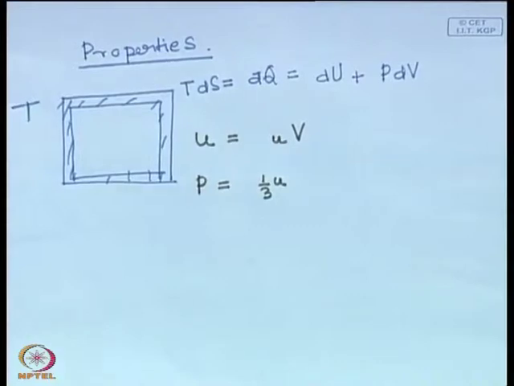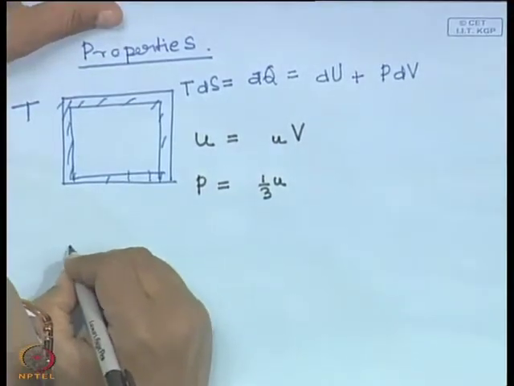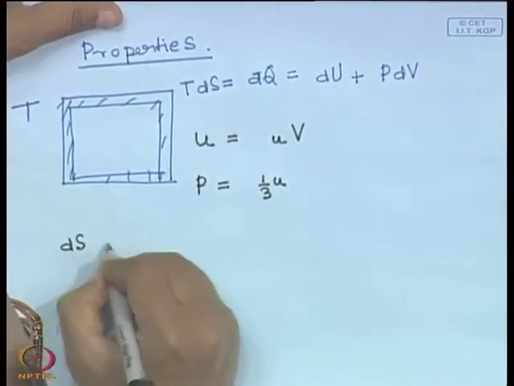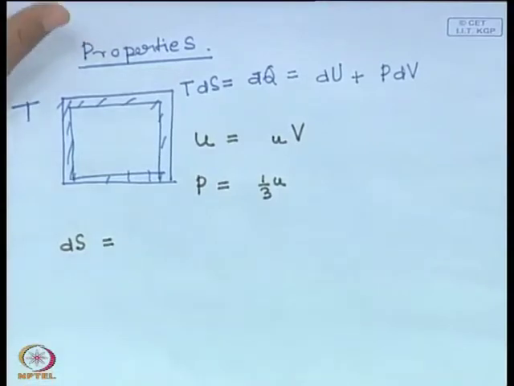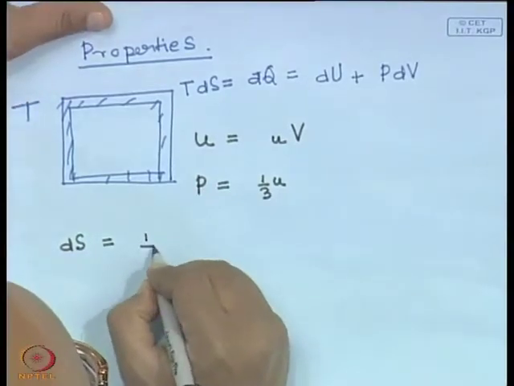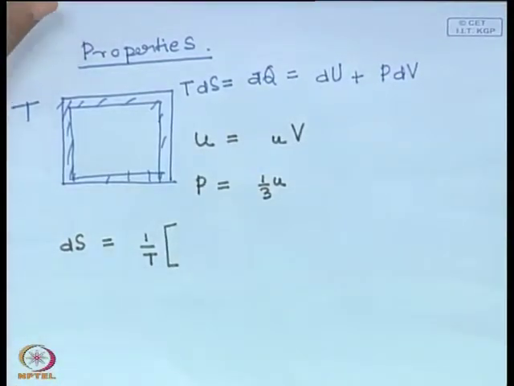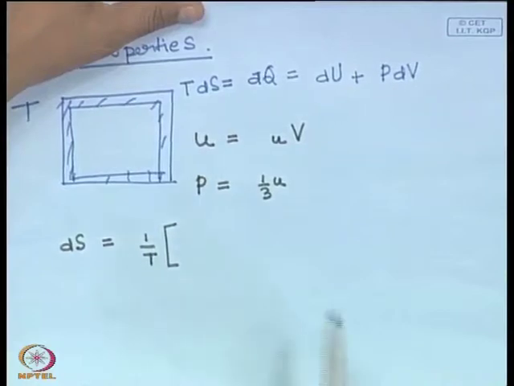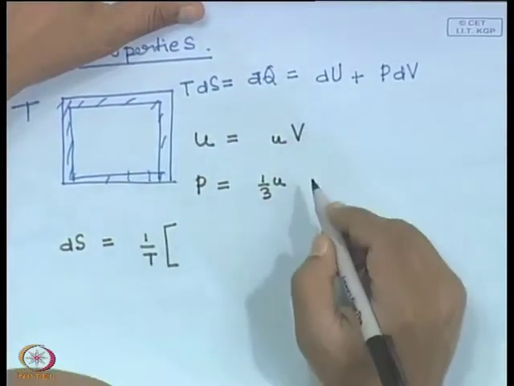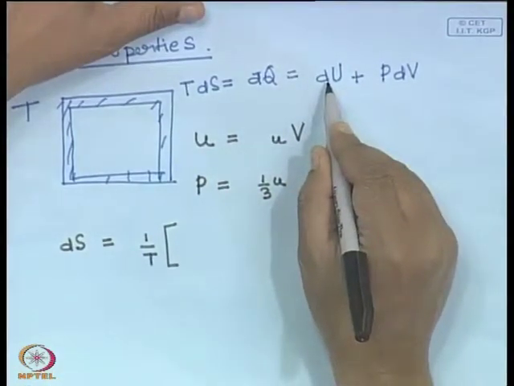So, using this we see that the differential of the entropy is 1 by the temperature into, then we have two terms that come from this.